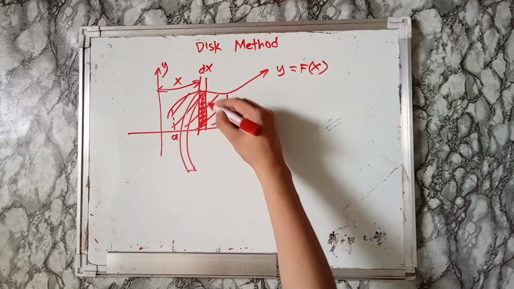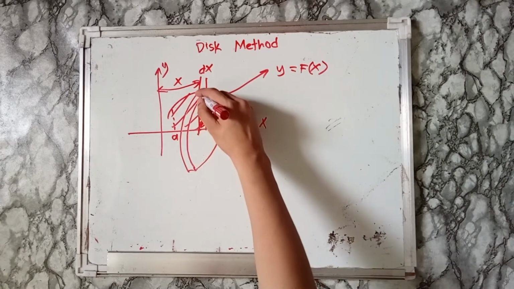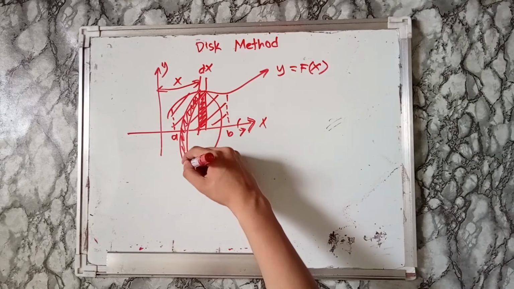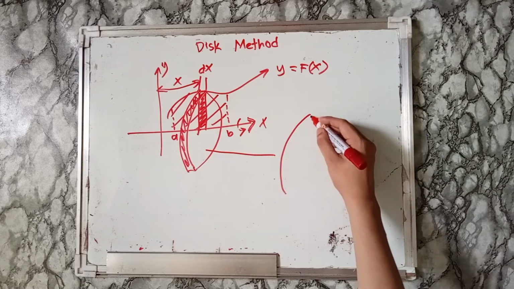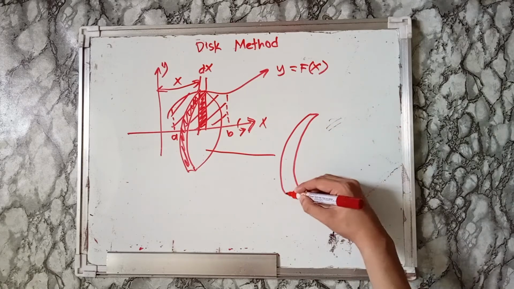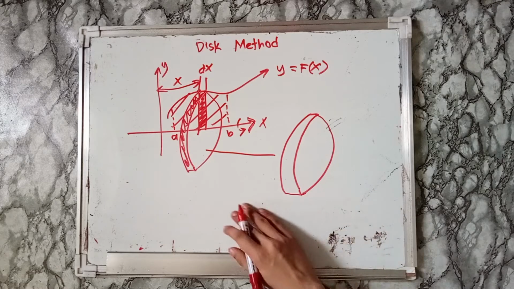So this will rotate and it will look something like a disc, right? Let me put it in here. So something like this. Something like a disc, right?